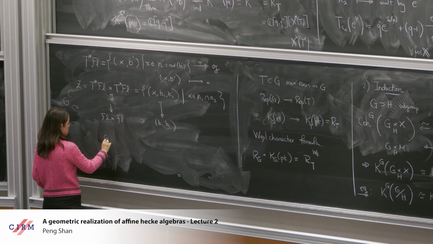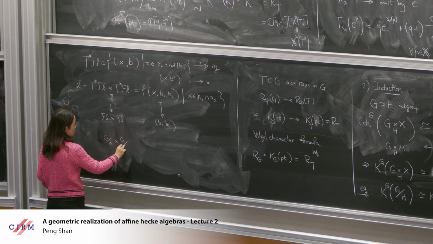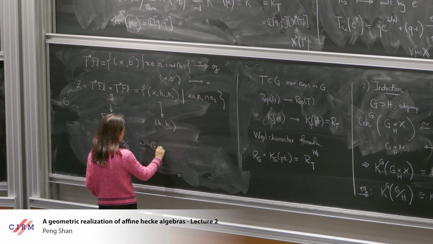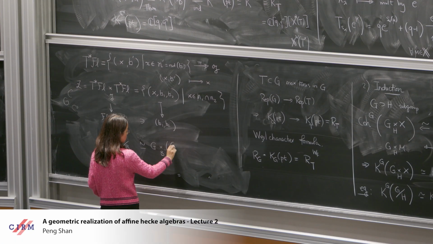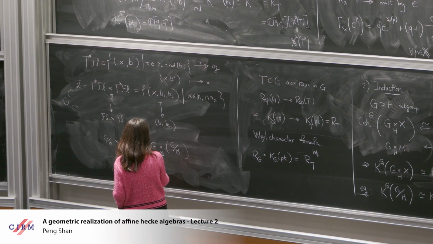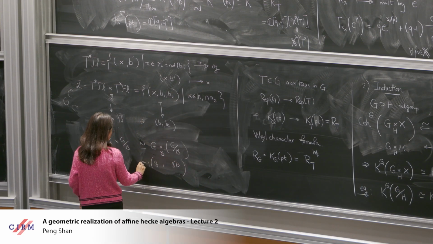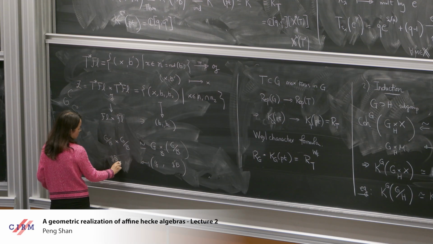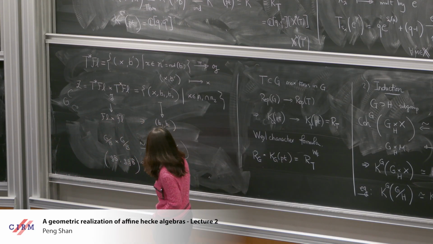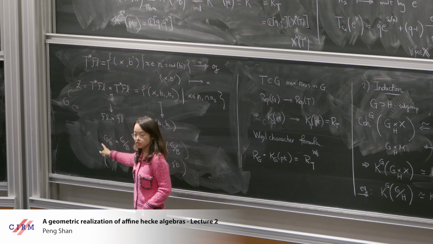The flag is G mod B. For the diagonal action, we have already mentioned this is the same as inducing from the B orbits on G mod B. So this isomorphism just sends g and g prime of B to g B, and then g prime of B. So then the left G action here is identified with the diagonal action here.